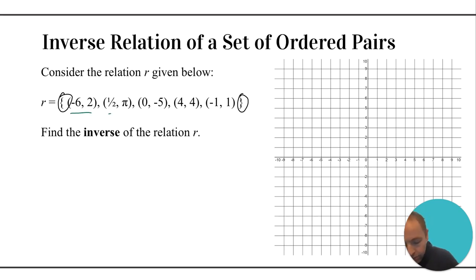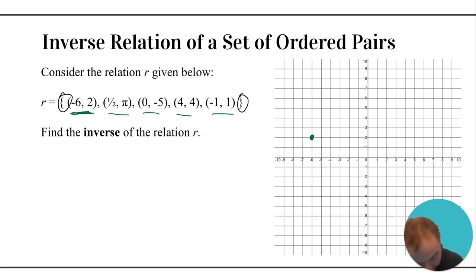You'll see that we have 5 different things within this relation, just a bunch of ordered pairs. What those ordered pairs represent is sending an x to a y. For example, since you have the point (-6, 2) in that relationship, then (-6, 2) is going to be a point on the graph of R.